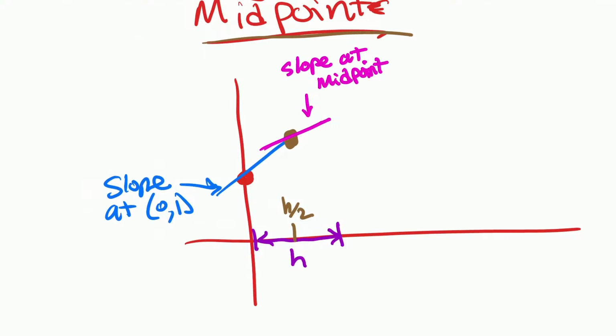And so here's the key to this midpoint rule: you've got this slope, and you're going to use that one instead of this one, but everything else will be just like Euler's method. That's it. That's all we've got to do. So here's how this works: we take that slope and you copy it down here, and then this is going to be the new point. Whoops, there. So there, that is the new point.